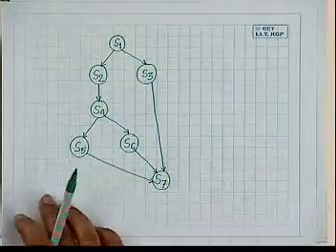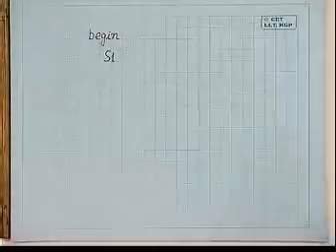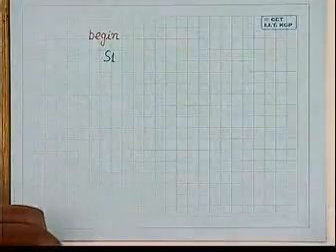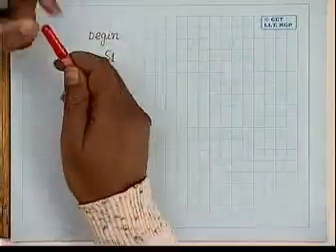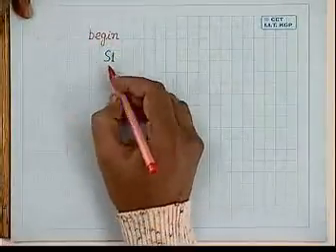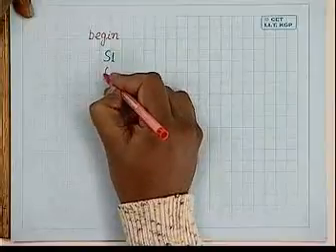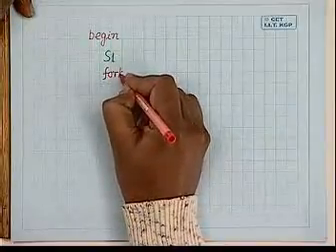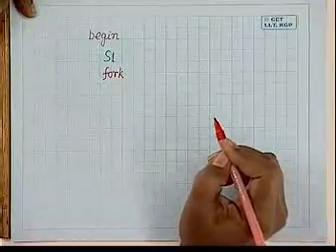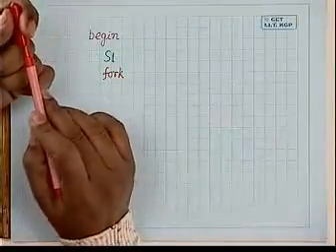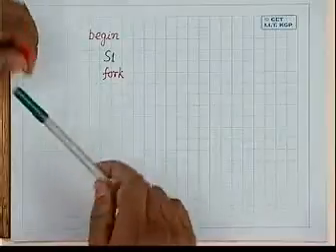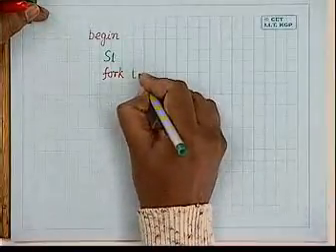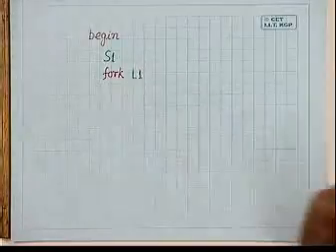So the system call that we will assume is a fork system call. So I have a system call called fork for creation of a process. And the fork system call has to work with a label. So I'll say fork L1.